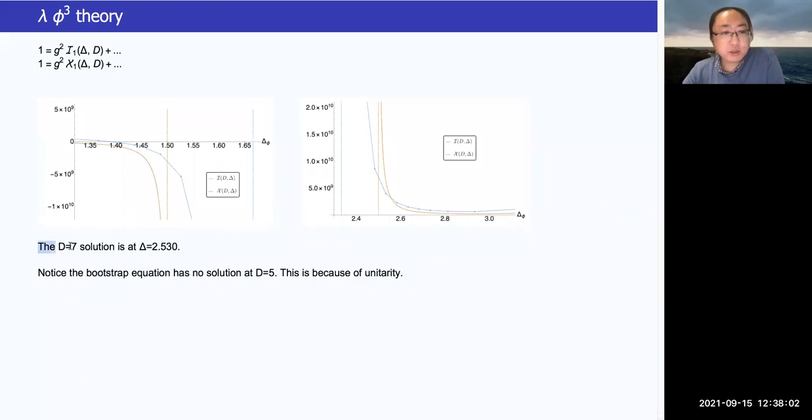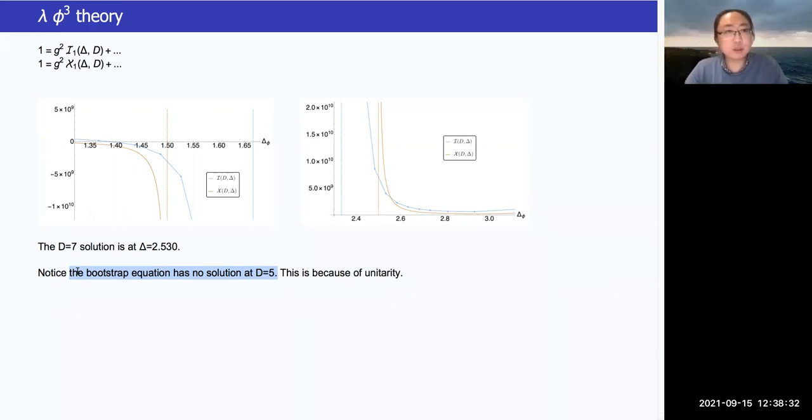And the solution at d equals 7 is at this value, so you indeed find a solution at this finite coupling. But also notice that this bootstrap equation has no solution at d equals 5. This is because of unitarity. And remember, I said that Polyakov's relation was based on unitarity conditions, so it's essential. In this sense, you don't have any d equals 5 solutions.